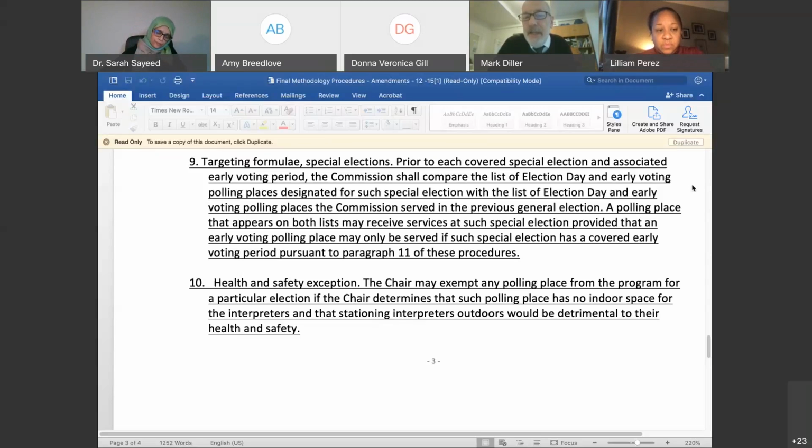Is that interpreter inside and we're outside, or are both of them outside? They're both inside. Yeah, the interpreters for VRA languages in the areas where they're being provided are inside the poll room. Inside, yes. I know that for a fact. Okay, so then I join in my colleagues' expressions of surprise and trouble with that result.